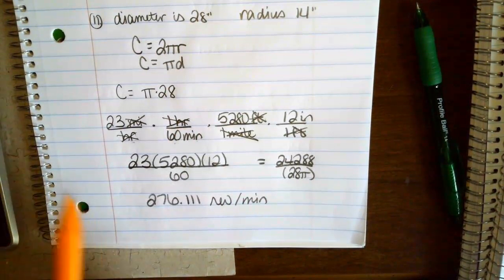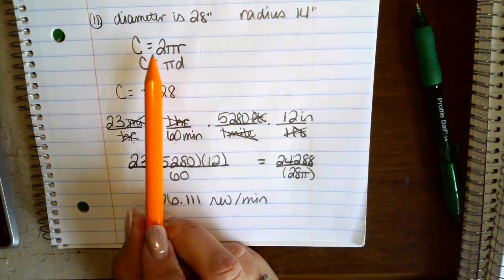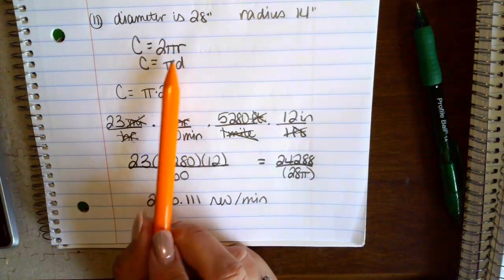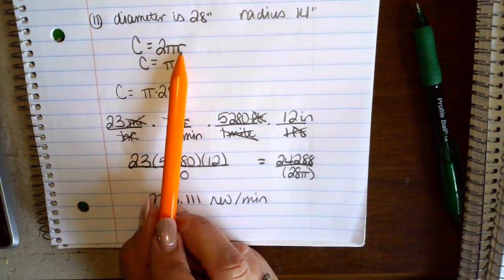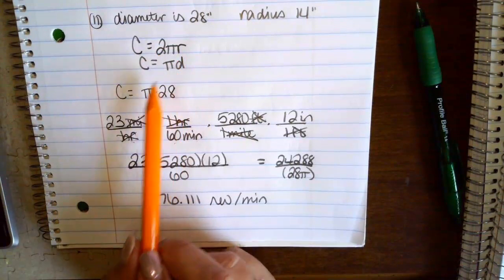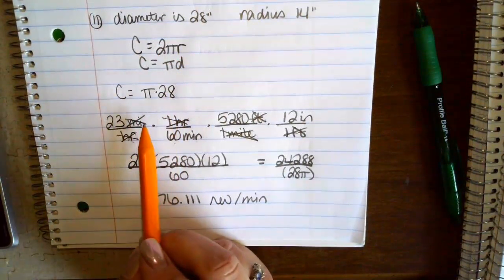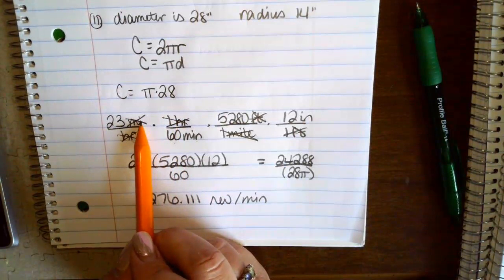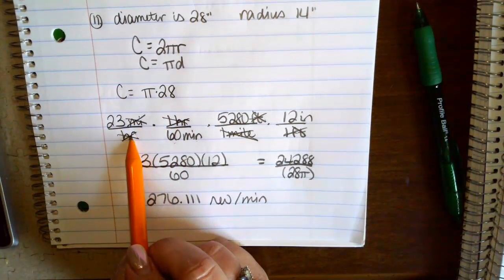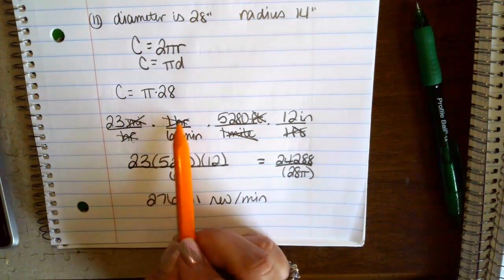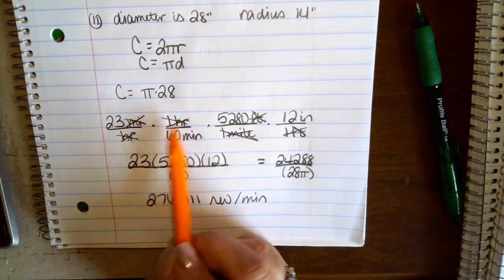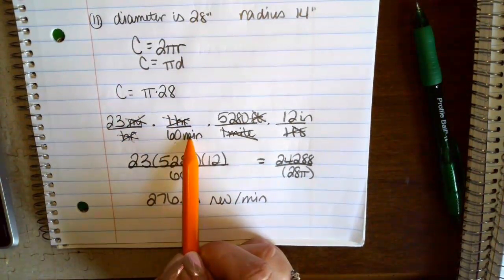Okay, so let's do a quick recap. What we've got is the circumference of a circle is 2 pi r, or pi d, because 2 times the radius is the diameter. So the circumference in this case is pi times 28. I've got 23 miles per 1 hour. So I reduced hours by introducing minutes.